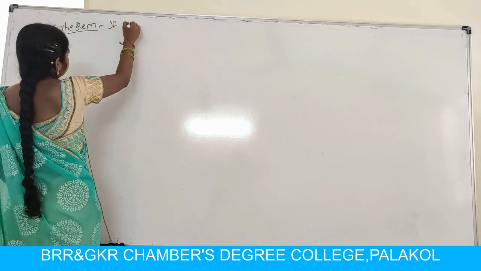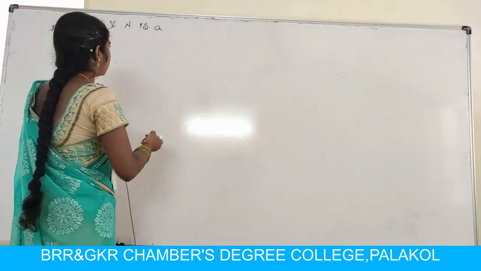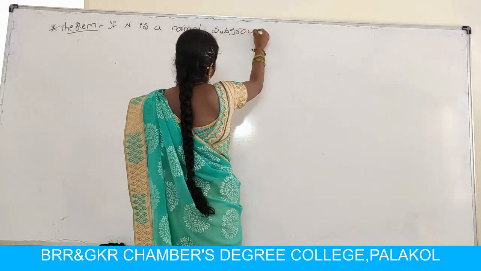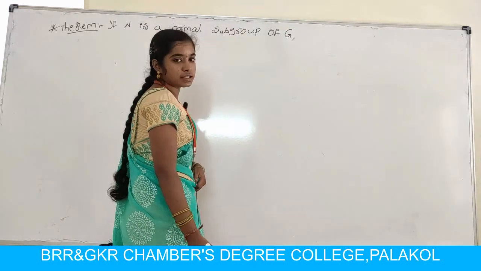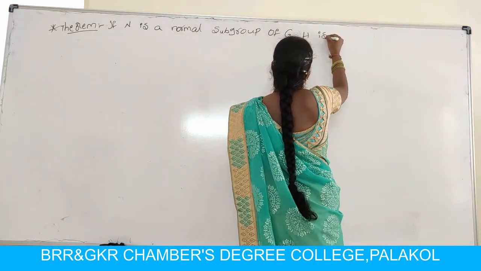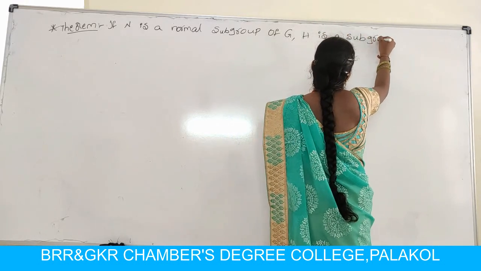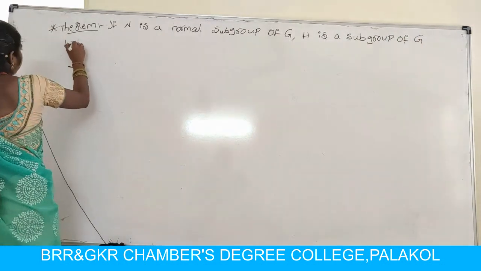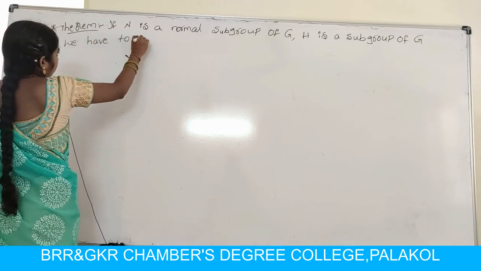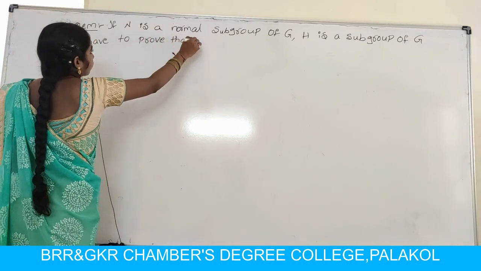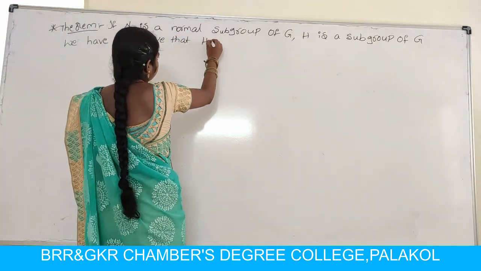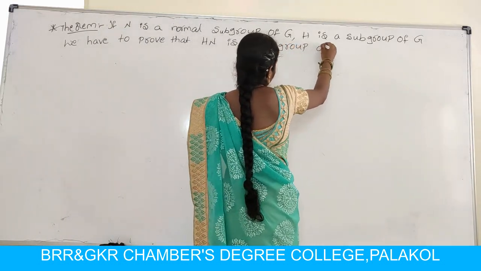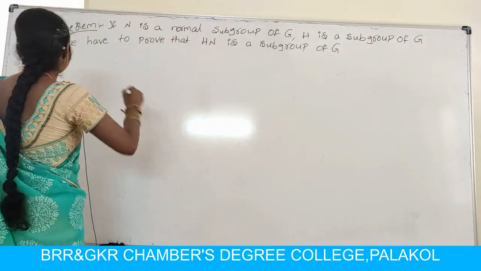So next theorem: if N is a normal subgroup of Z and H is a subgroup of Z, we have to prove that HN is a subgroup of Z. Proof.